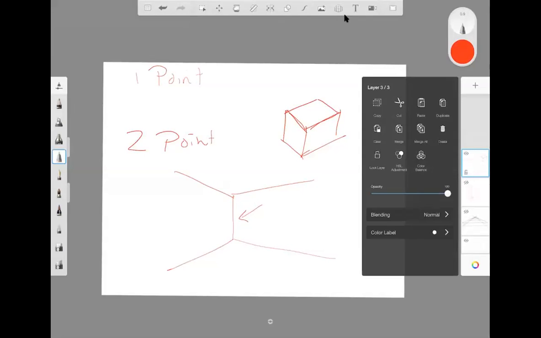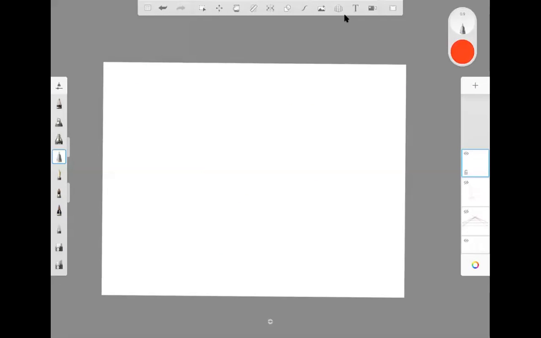So what you're going to do is basically continuous line, contour, gesture. So we're adding this word. It's an important word to add. It means faster. It means essence.